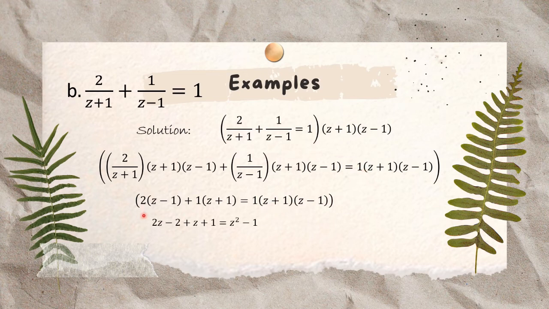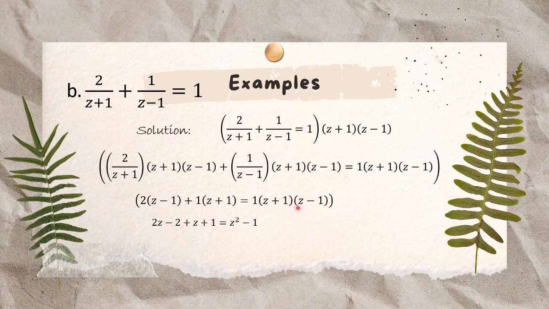By distributive property, we have 2 times z is 2z, 2 times 1 is negative 2. And then, since it is a plus sign, we copy the plus sign. Plus, 1 times z is z, 1 times 1 is 1, and copy the plus sign. Is equal to 1 times the quantity z plus 1 times the quantity z minus 1.